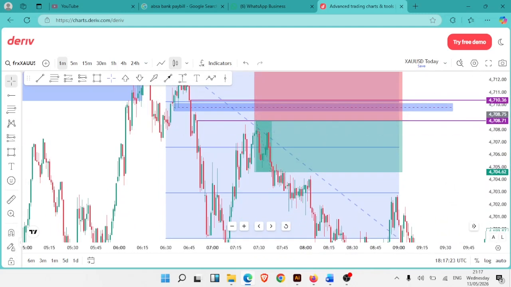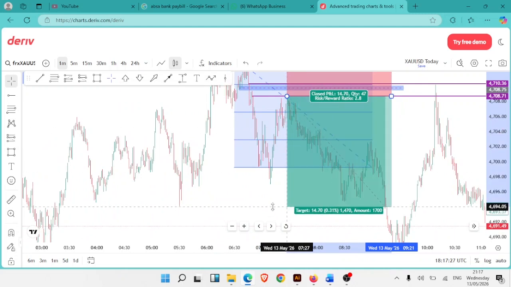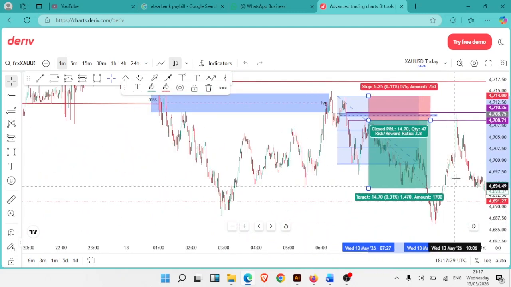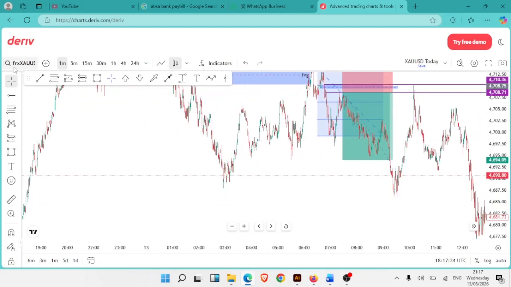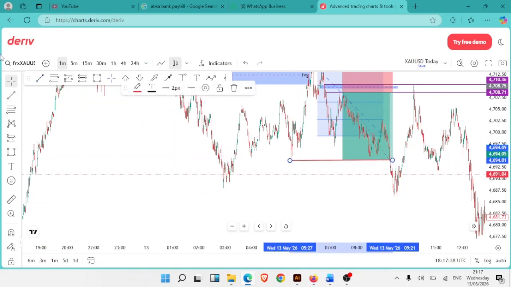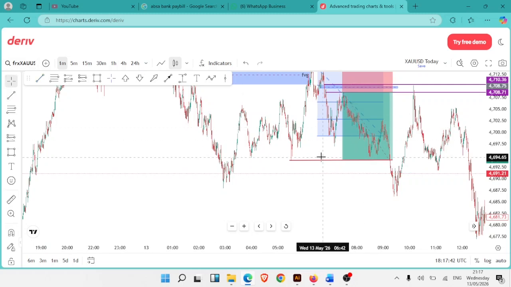And then we are targeting, let's say, the first target, and the second target was actually here. So was it this one really? No, it was not that one, but rather this one.